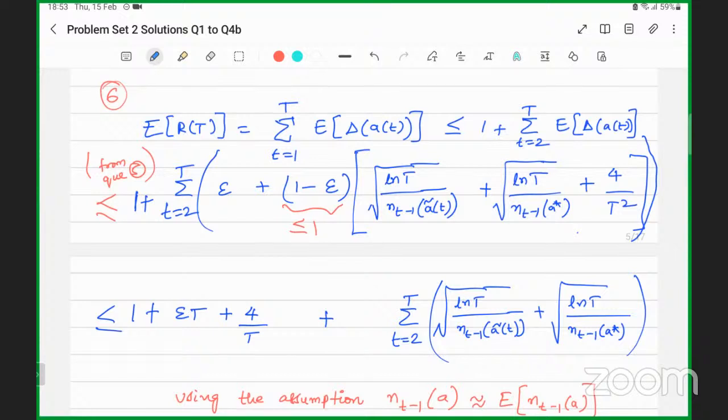I think for the first round we have zero samples, right? So N_t will be zero. N_{t-1} will be zero. So I cannot use that bound.